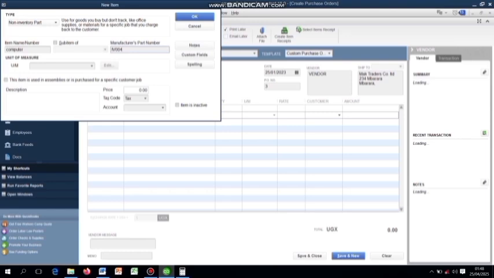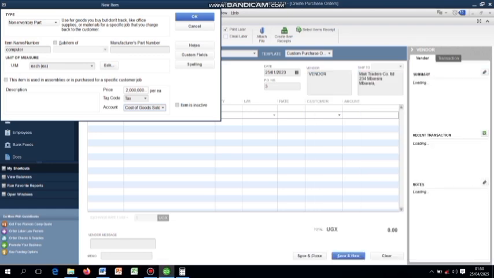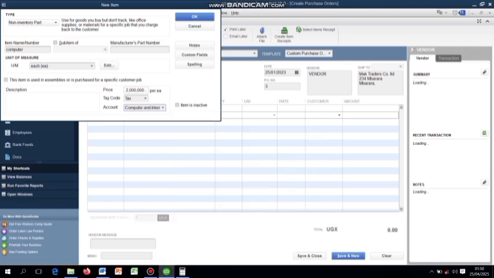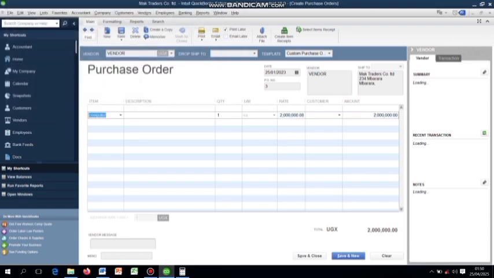Even if I could leave it blank. Unit of measure is in each. So the price is 2 million. So when I'm looking for the account which is associated with this type, that will be computer and internet expenses. So I press OK and it is added there. Even the price is added there. So I'll save and close.